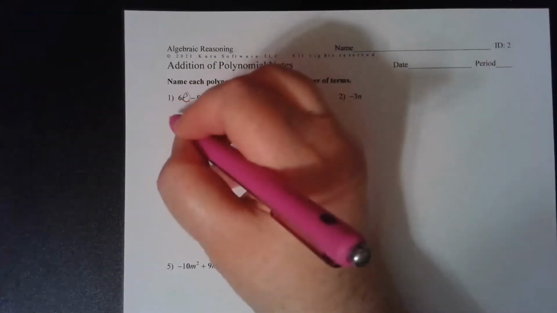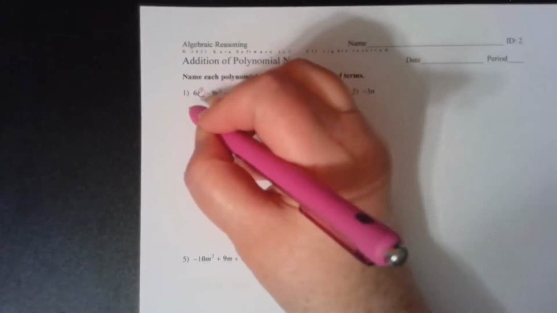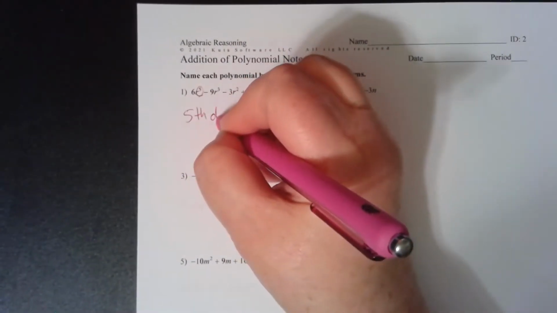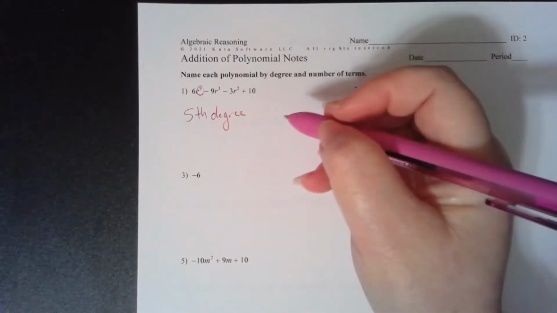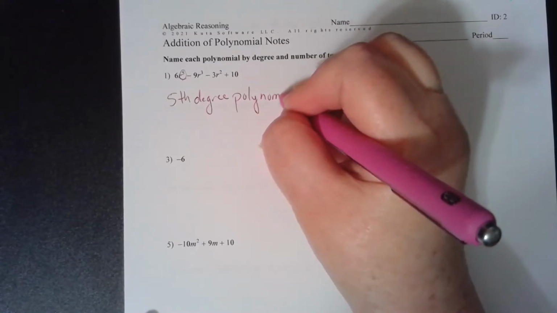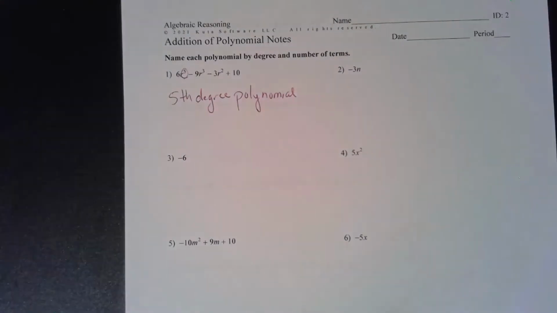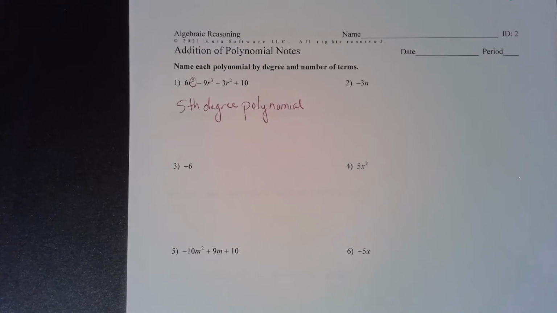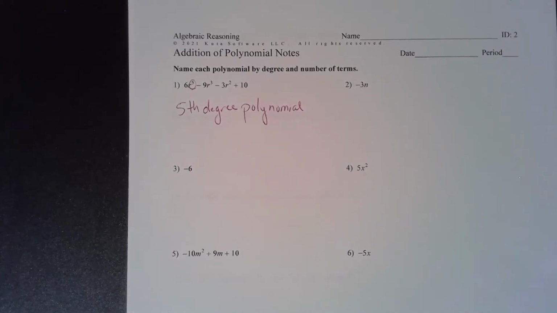So this is a 5th degree polynomial, and it has 1, 2, 3, 4 terms.